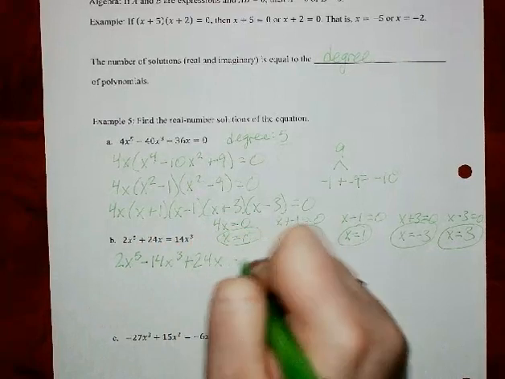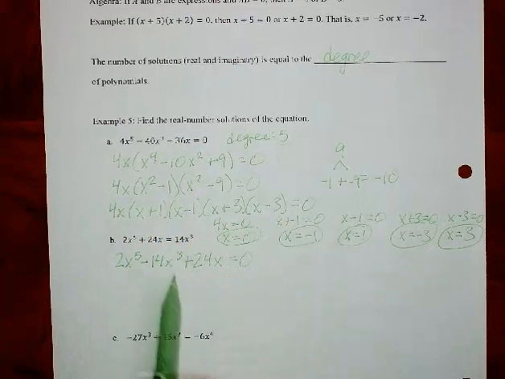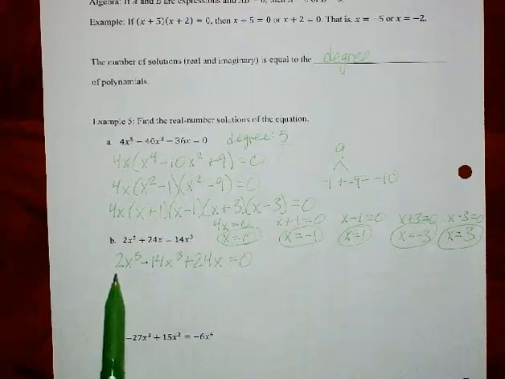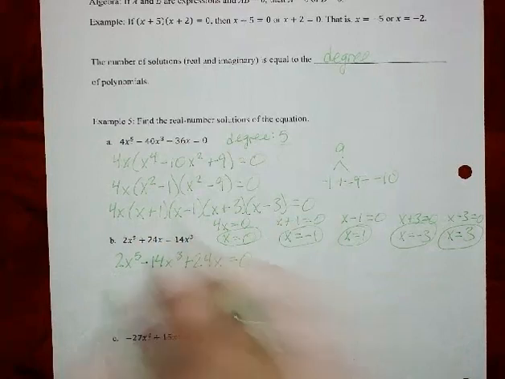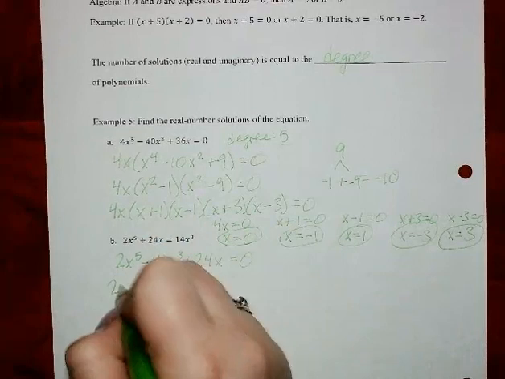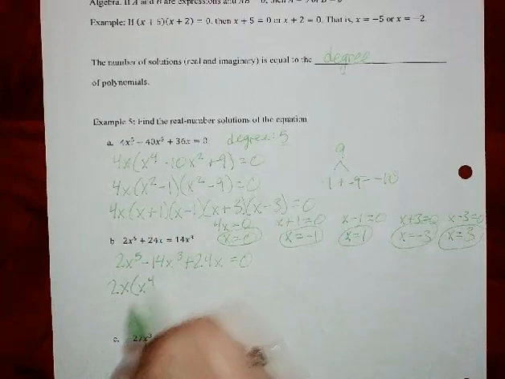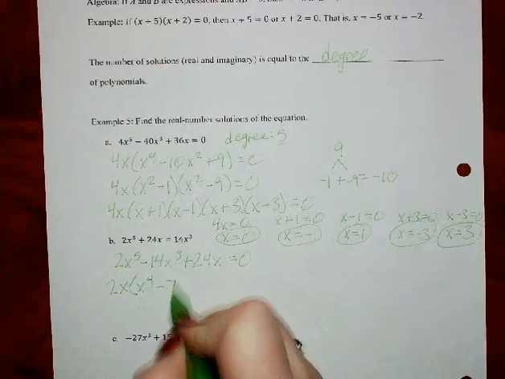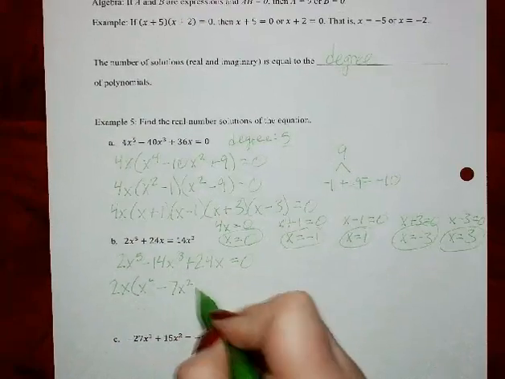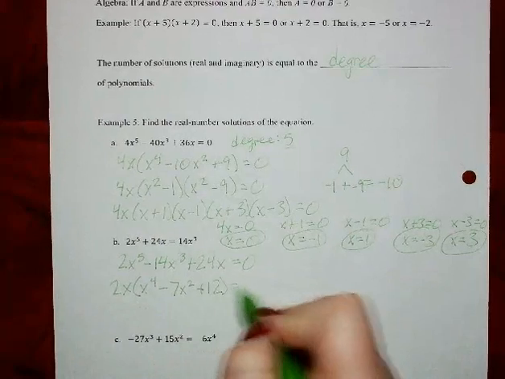And I just wrote it in descending order of degree to make it easier. So now I look and see what our common factor is. And I notice that all of these are divisible by 2, and all of them have an x. So then I'm left with x to the fourth minus 7x squared plus 12 equals 0.